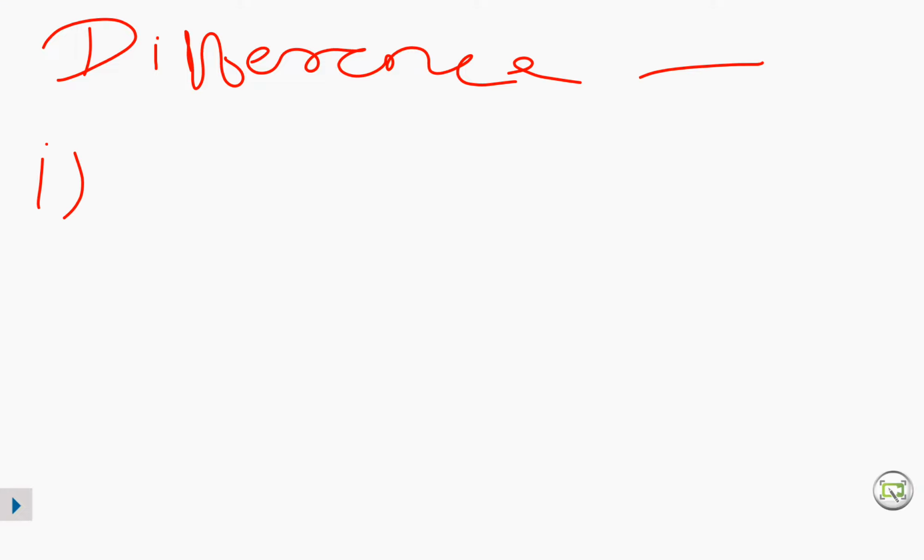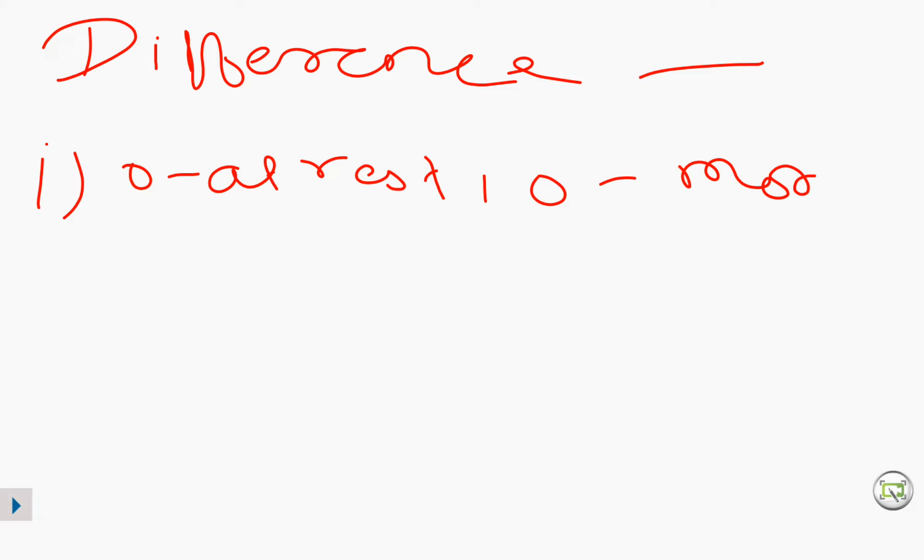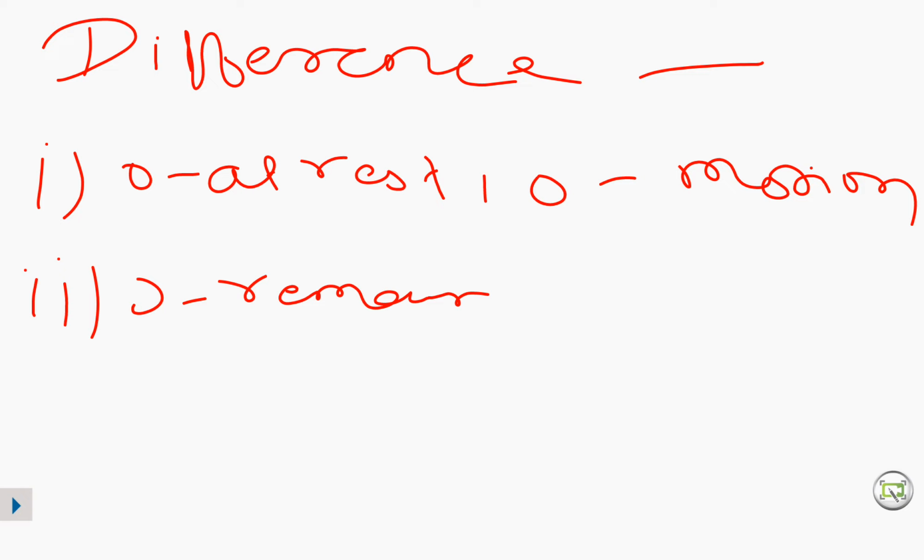So what is the first difference? In static equilibrium, the object is at rest. Here, the object is in motion. Even though many forces are applied, the object remains in the same position.